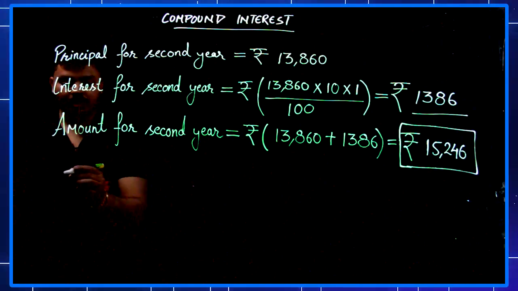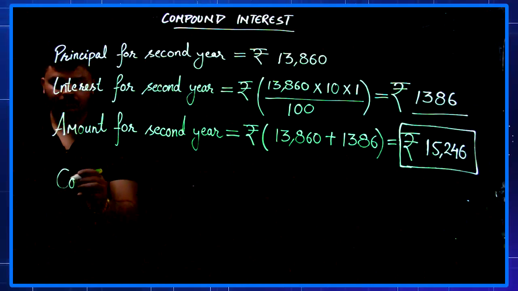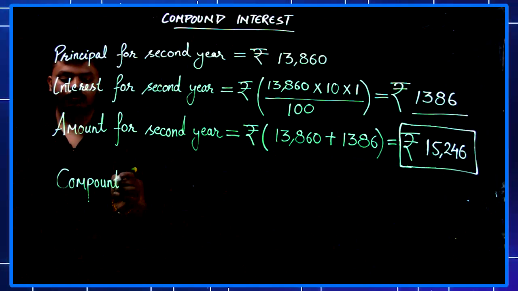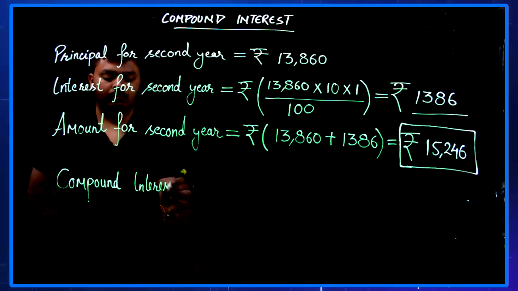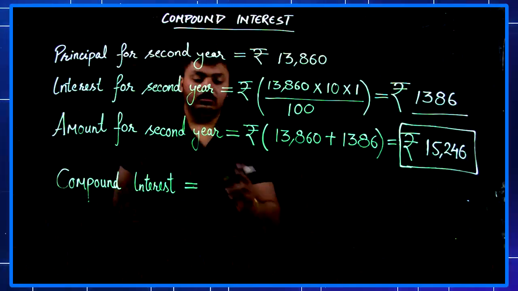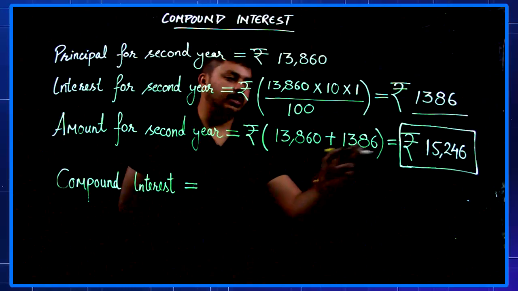Now to find the compound interest, subtract the principal from the amount.